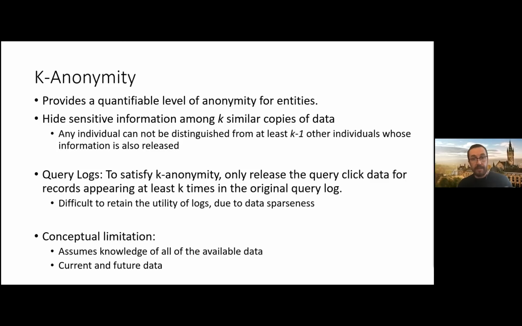What this does in practice is remove infrequent queries, and that's got quite an important implication for information retrieval research, because obviously we're changing the distributions of the queries within the collection. We are interested mainly or often in head and tail queries, but if you're removing these from the distribution, then you're potentially removing a lot of utility from the collection.